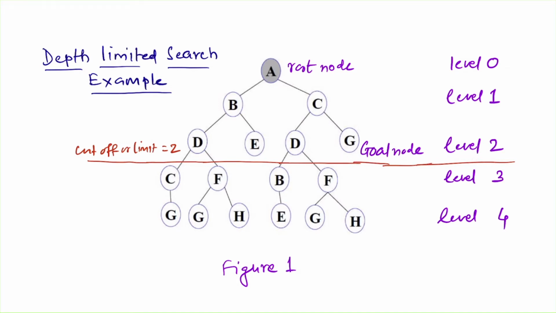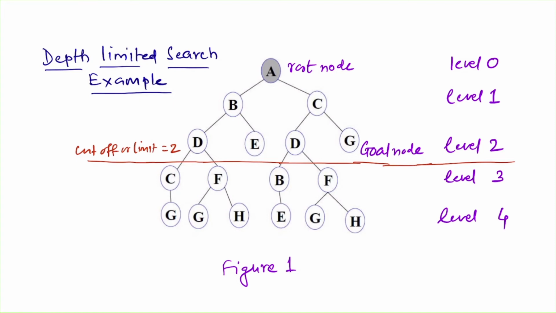So let us start. We start with node A, as node A is the root node, so it will be in the fringe at the start. In the next step, A will be removed from the fringe, and the successors B and C will be put in the beginning of the fringe.